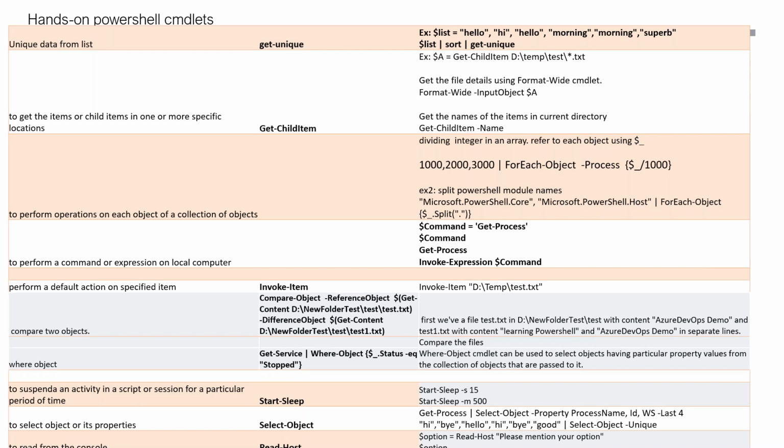Let us say you have a list of services running on your laptop or on the server, right? You want to loop through all the services and stop all the services which are related to SQL Server. Just an example. In those scenarios you can use this one, Get-Service, pipe symbol, and then Where-Object is a commandlet.